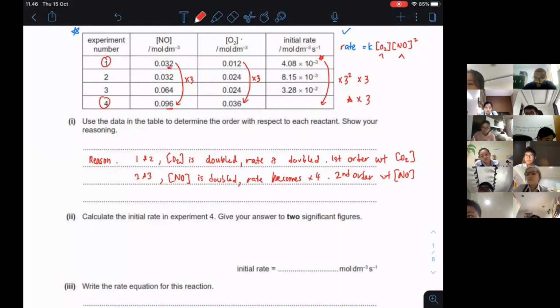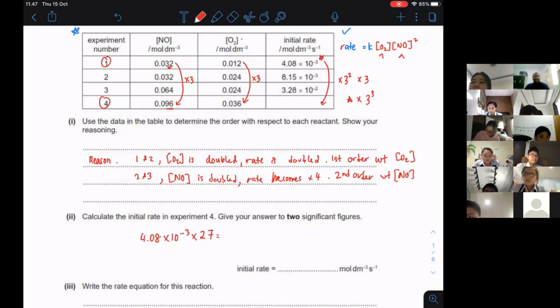So 3 to the power of 3 is going to be 27. So the answer will be 4.08 times 10 negative 3 times 27. You calculate and see whether the answer is the same as Justin's answer. Justin has calculated earlier using K.